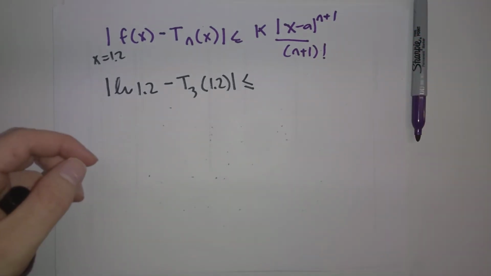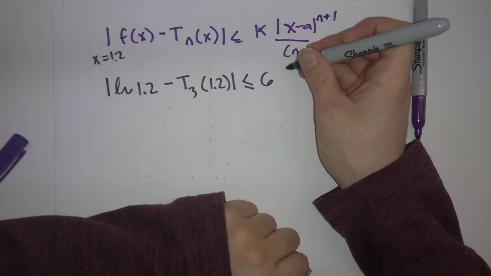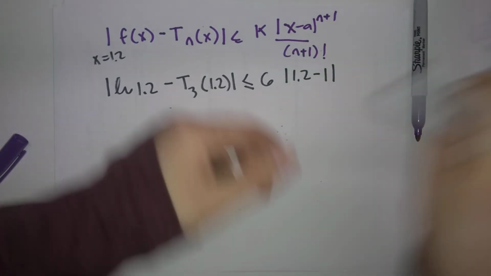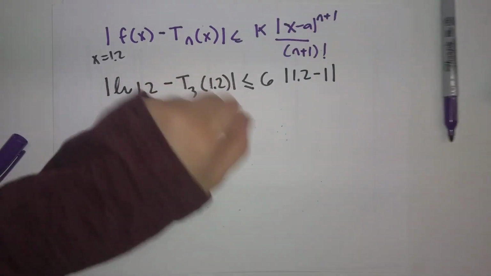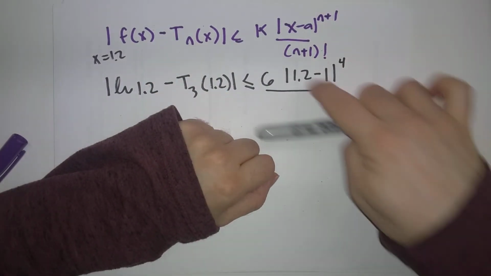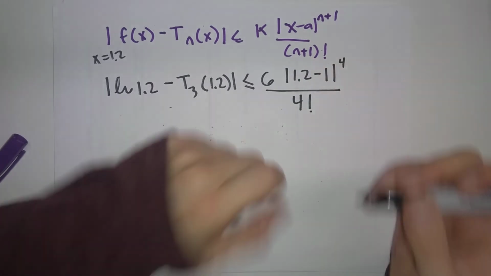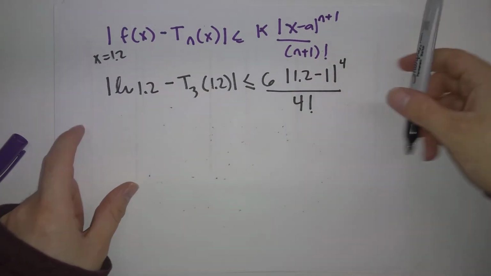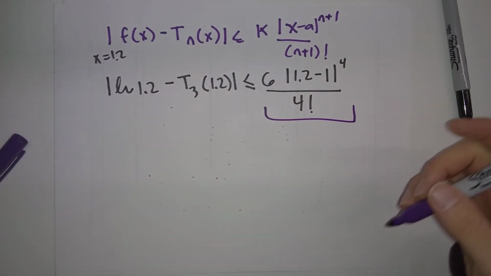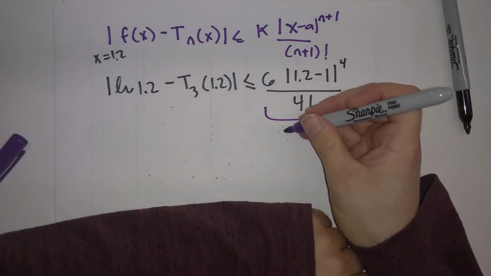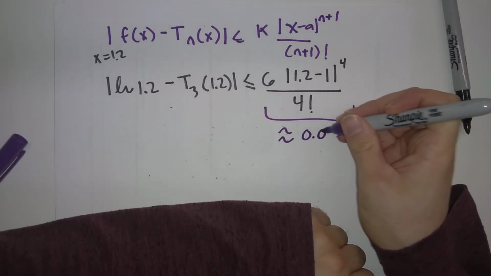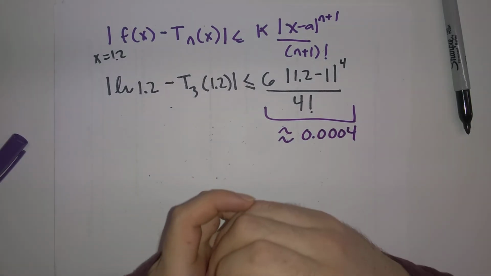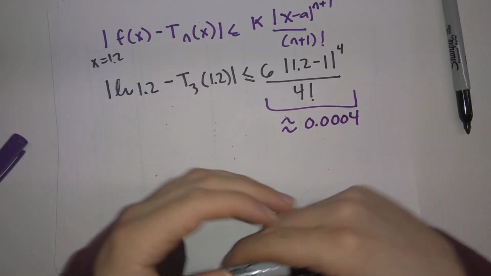Our value of k that we just had was 6 times the absolute value of 1.2 minus 1 raised to the n plus 1. N was 3, so n plus 1 is 4, divided by n plus 1 factorial. Okay, so here's what we have over here. If we crunch this, this is about equal to 0.0004.